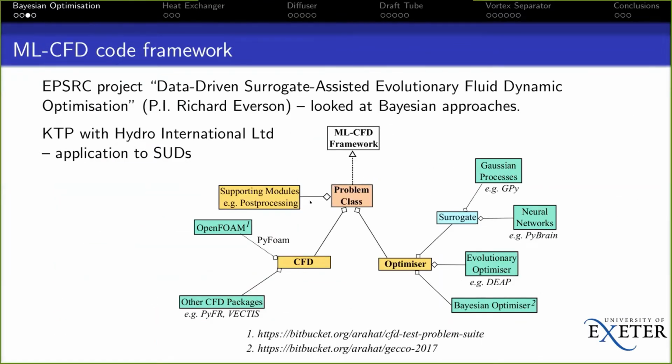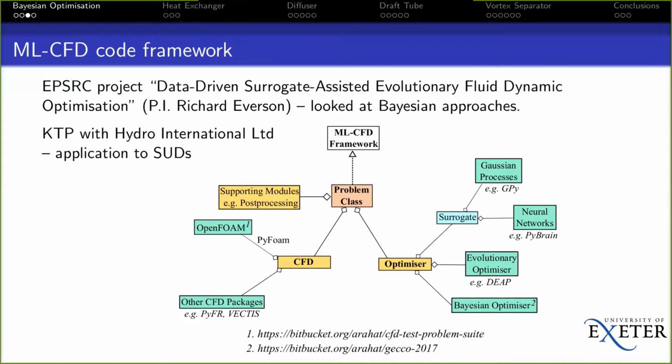Now, I'm lucky enough to work in a university with a very strong computer science department with a number of people who are working in this sort of area. And my introduction to this was through a project that two of my colleagues, Richard Everson and Jonathan Fieldsend, invited me to join a few years ago, which combined Bayesian approaches with CFD in order to couple the two.